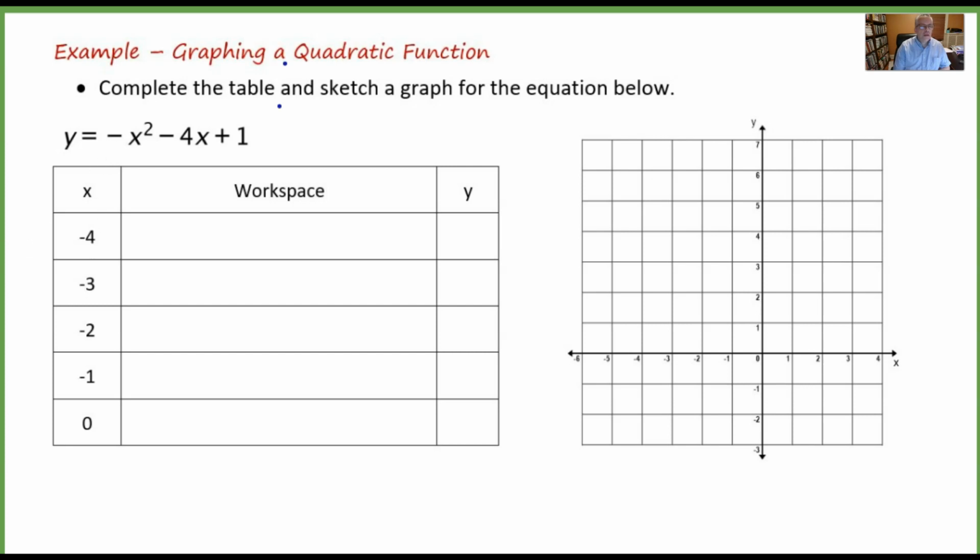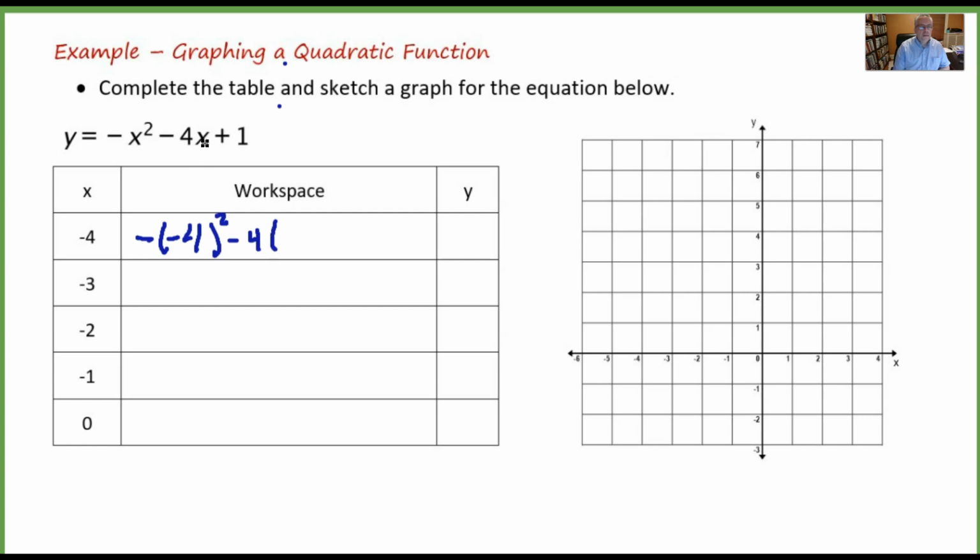We're going to substitute -4 in. In the workspace, I'm going to write very carefully what we get when we just substitute -4 into the equation. So this minus is in front, and so I have a minus in front. We're replacing x with parentheses -4, and we're squaring that, and then we have -4.